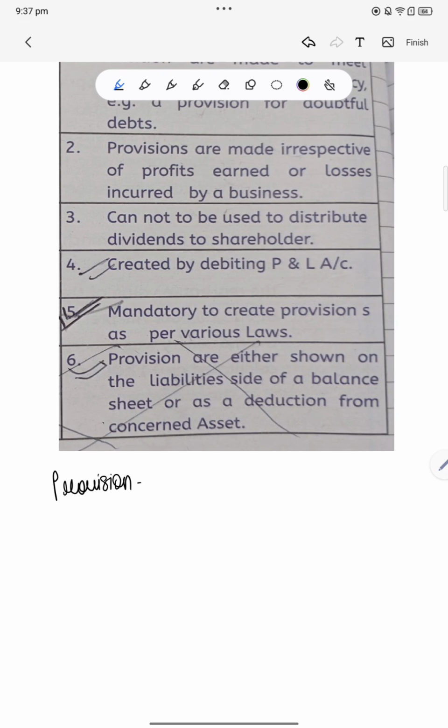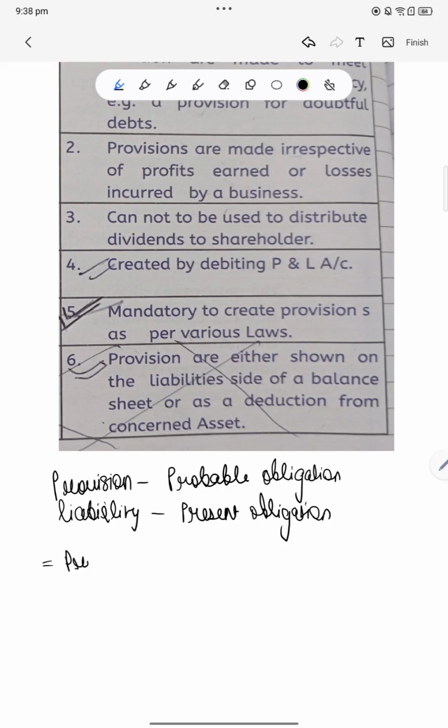Provision is basically a probable obligation. So if it is a probable obligation, then what is liability? Liability is a present obligation.